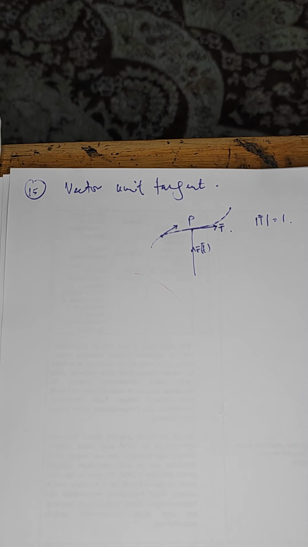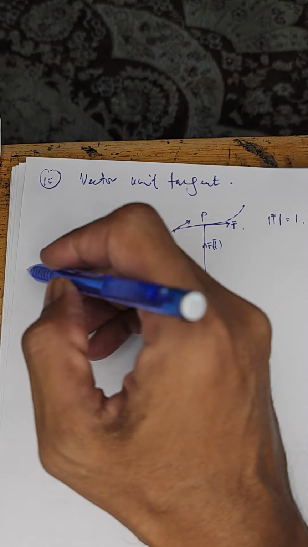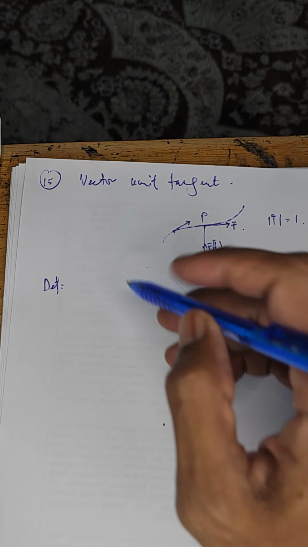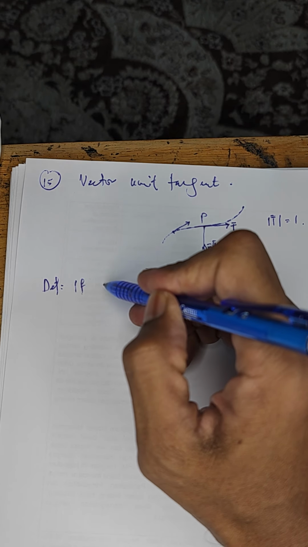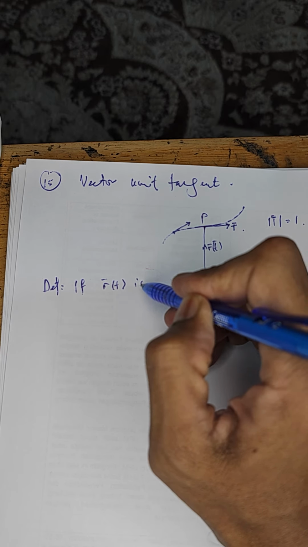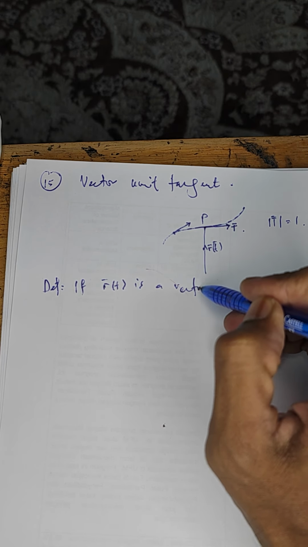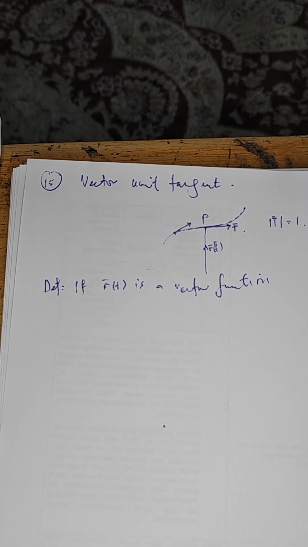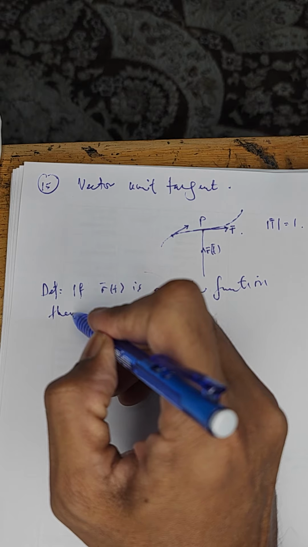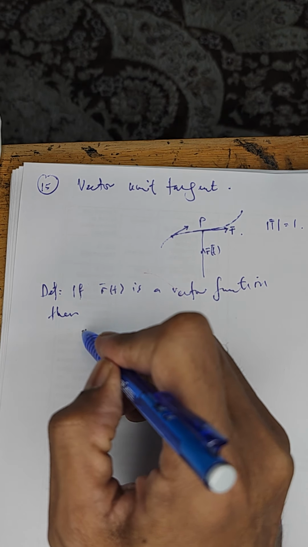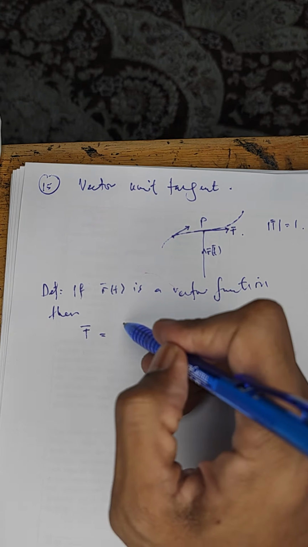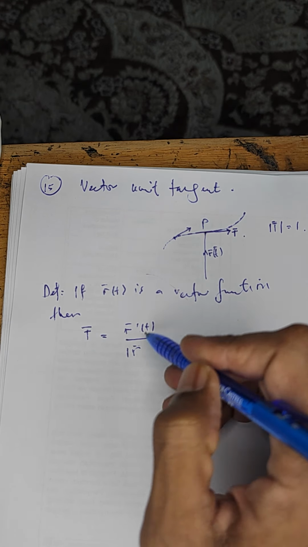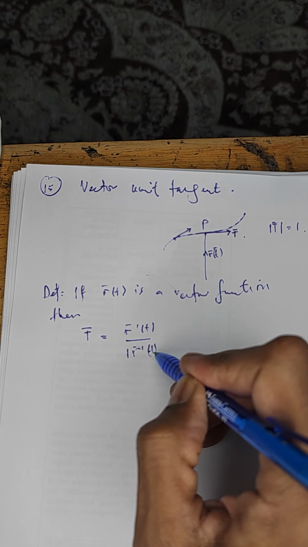Okay, let's give a formal definition for this. If r(t) is a vector function, then the vector unit tangent we define as r prime t over magnitude of r prime t.